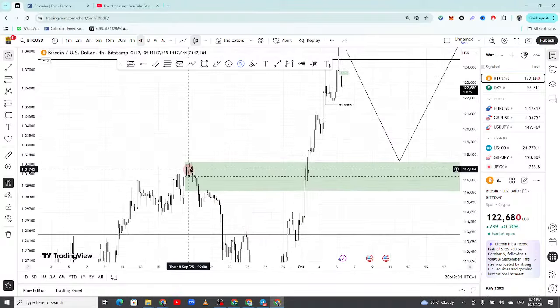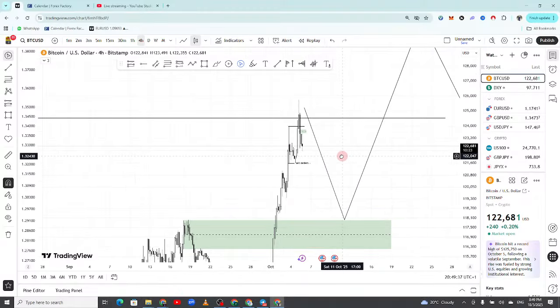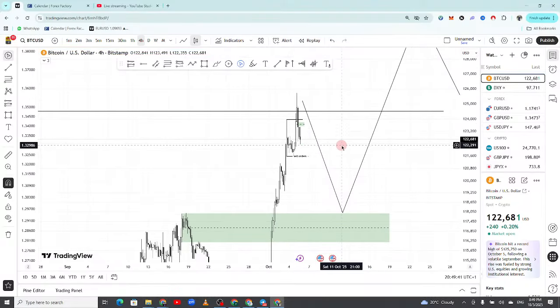I'd love to see price retest this breaker, which means taking out all these lows. Maybe from there we can move to 130k.